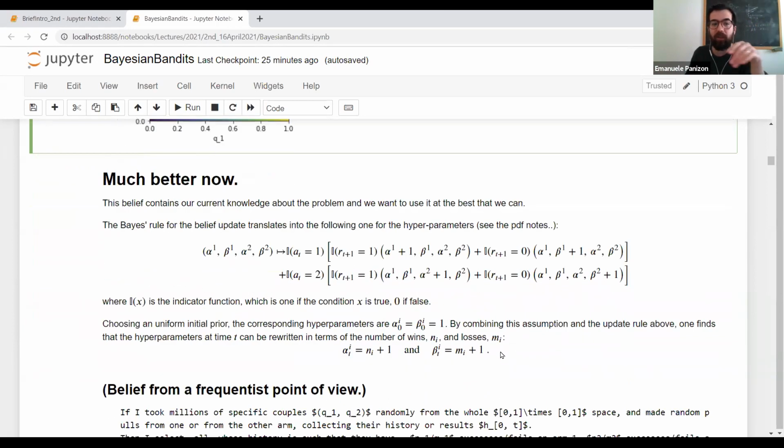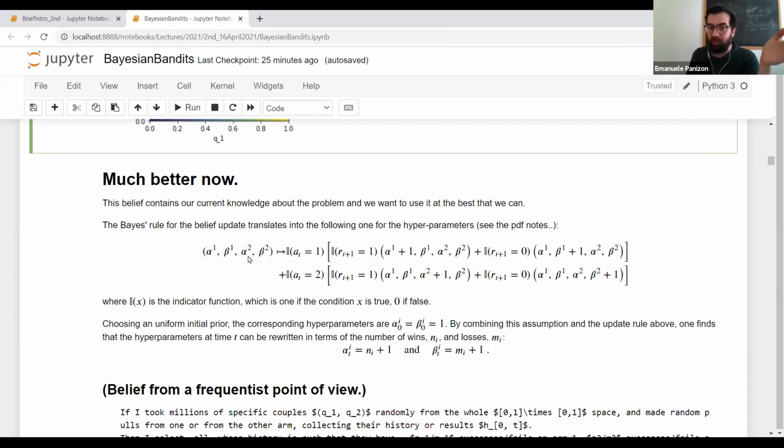This is much better. The belief contains our current knowledge, which is what we have to exploit to make the best policy I can, and we have a very simple tool for the belief update.